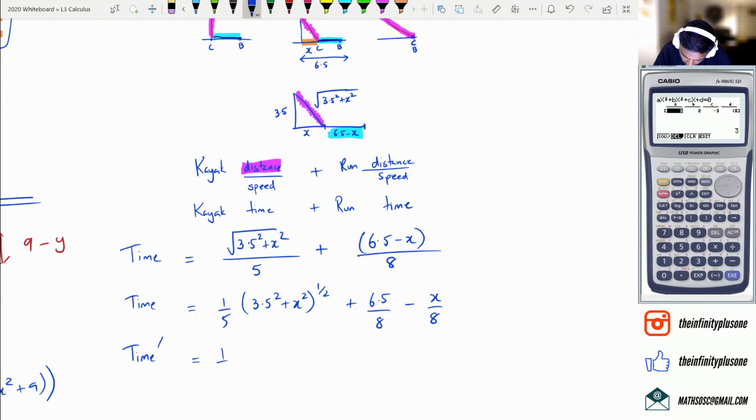So I'm going to differentiate it now, which means I got 1 over 5 times half, 3.5 squared plus x squared to the power of negative half, multiplied by the differentiation of whatever's inside the bracket, which is 2x, plus 0 and minus 1 over 8.